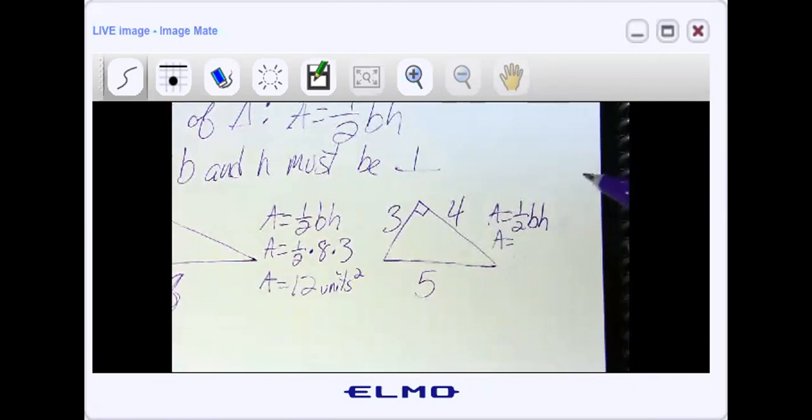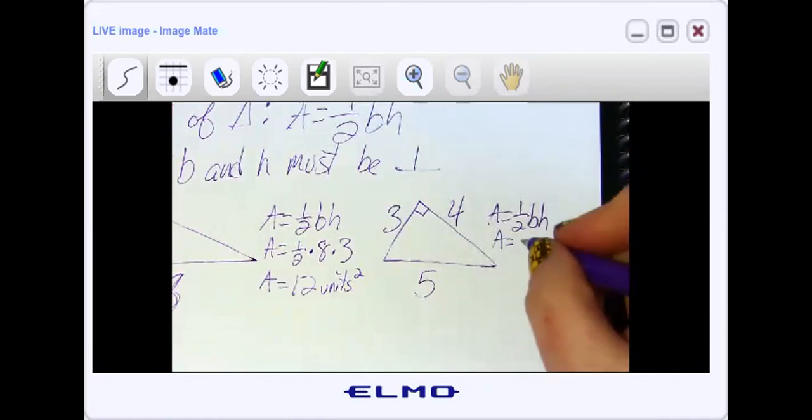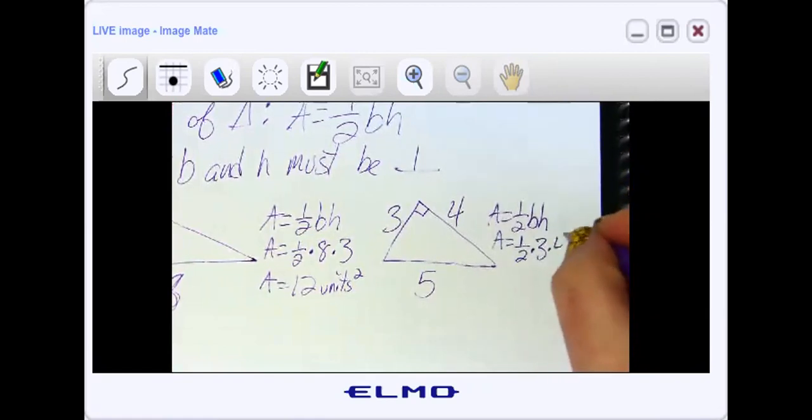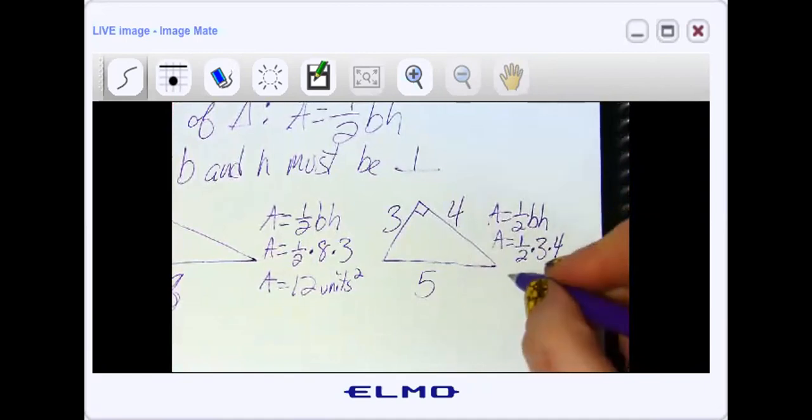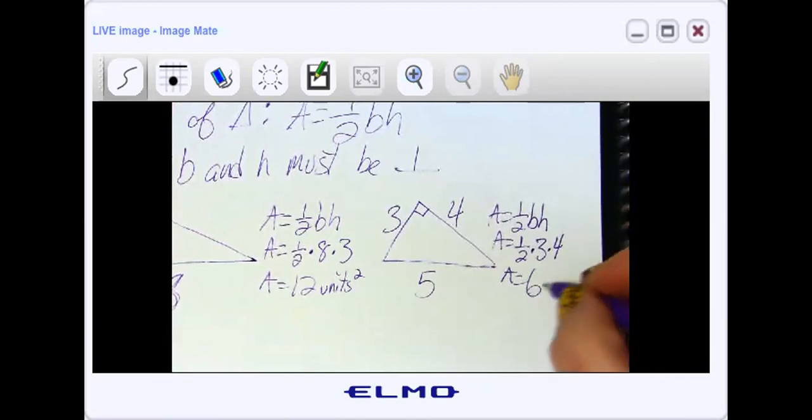It doesn't matter who you put in for B and who you put in for H. As long as they are perpendicular to each other, you just pop them in wherever you want. 3 times 4. So that's going to get me 6. Okay, so just be careful. Sometimes the base and the height are part of the sides.